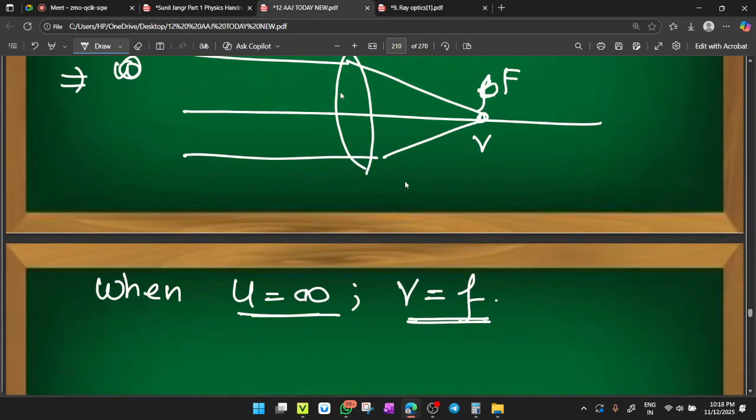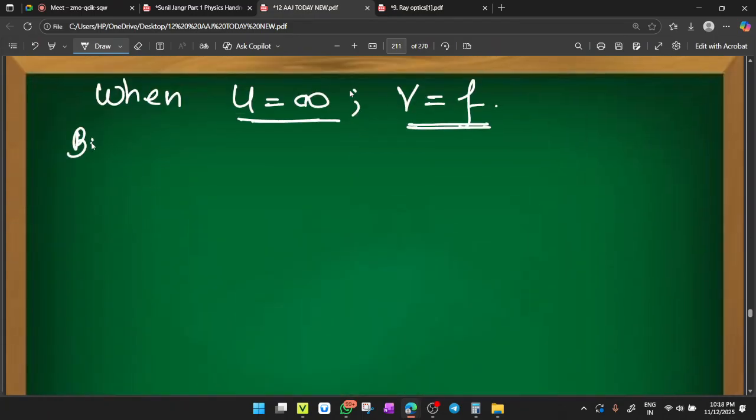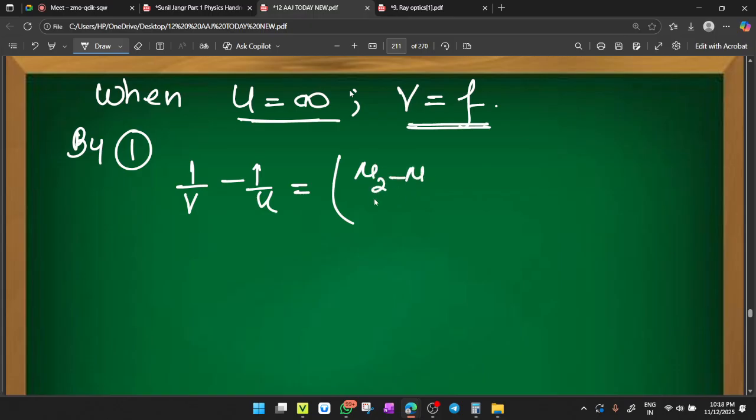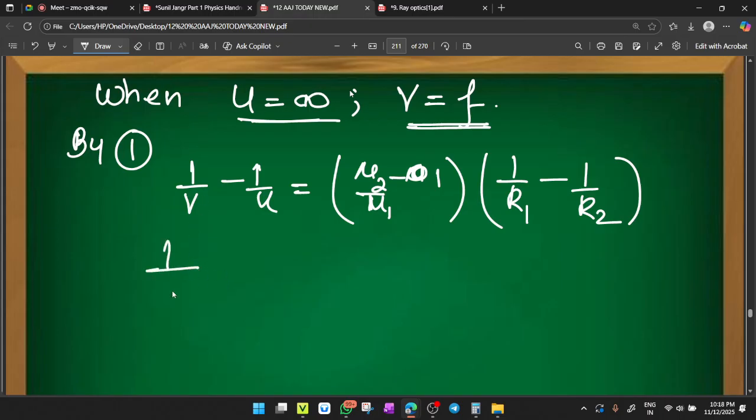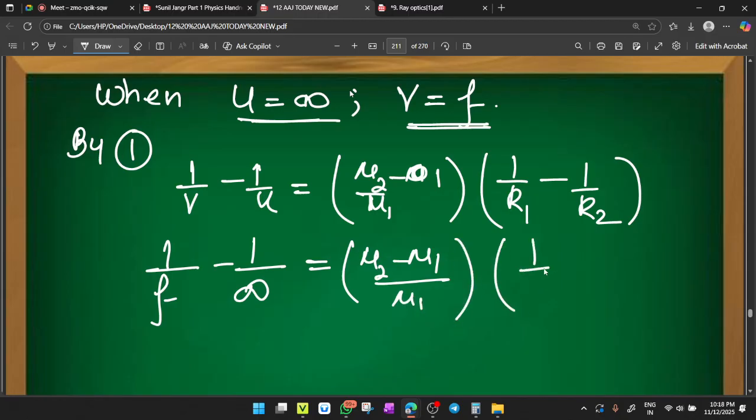So by equation number 1, by first, we have 1 upon v minus 1 upon u equals to mu 2 minus mu 1 upon mu 1, 1 upon R1 minus 1 upon R2.